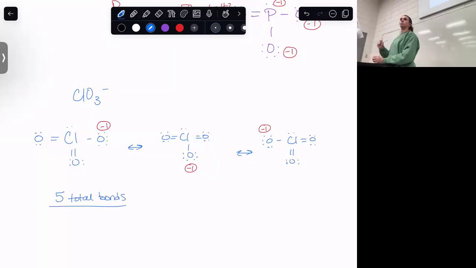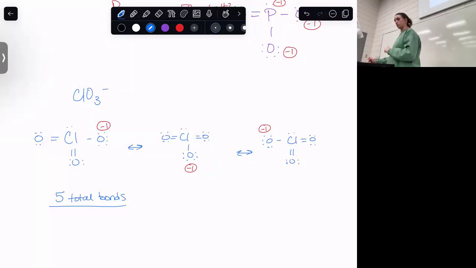How many different possibilities are there for that single bond to be? Right, so how many different locations can the single bond go?